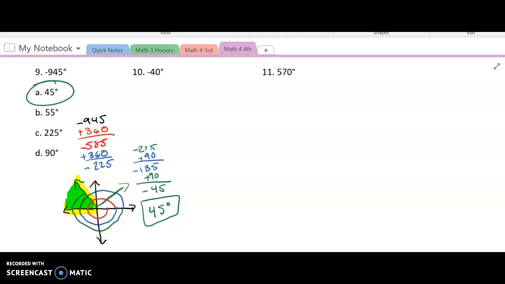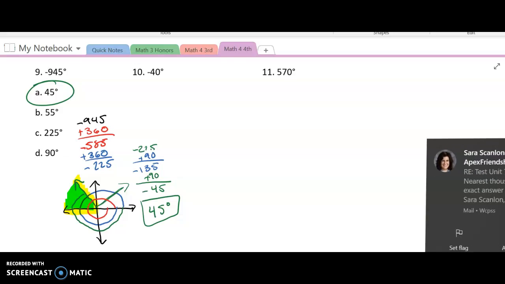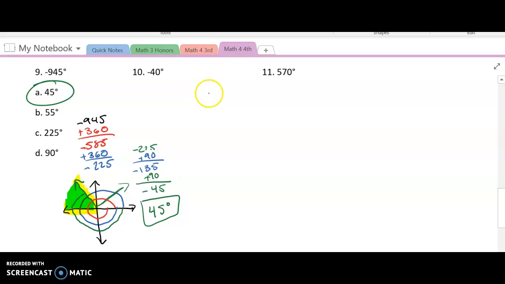So number 10, we have negative 40. So it's already between 0 and 360, and it's also between 0 and 90. Reason being that's important, so I have negative 40. So remember, if we have negative, we're going to go clockwise instead of counterclockwise. So down to negative 40. And with reference angles, we want to find the distance between our terminal side, this side, and the nearest x-axis.